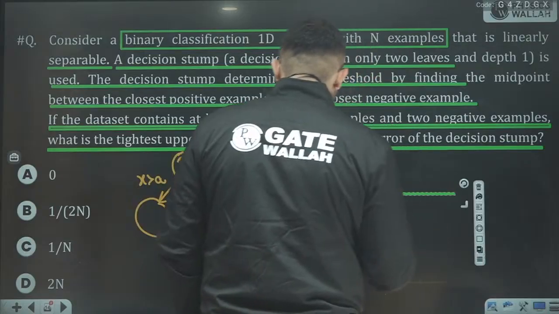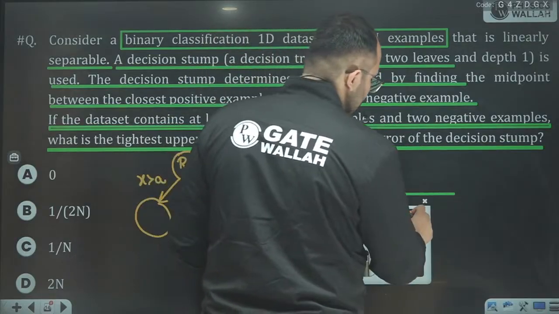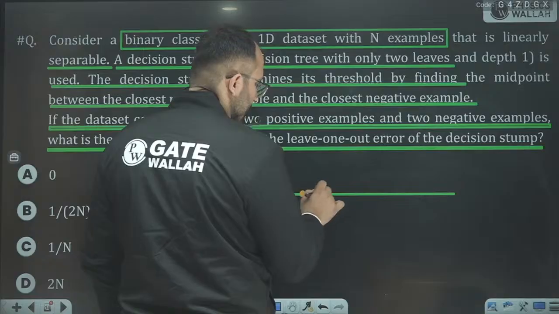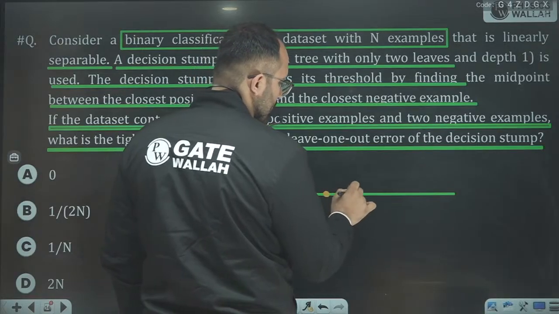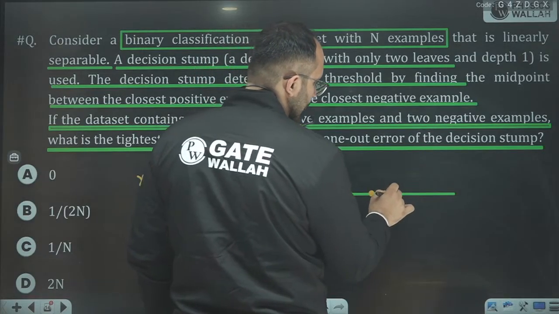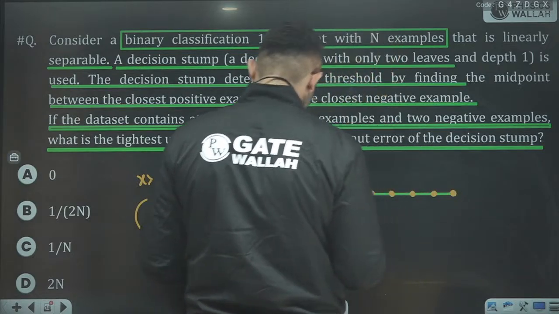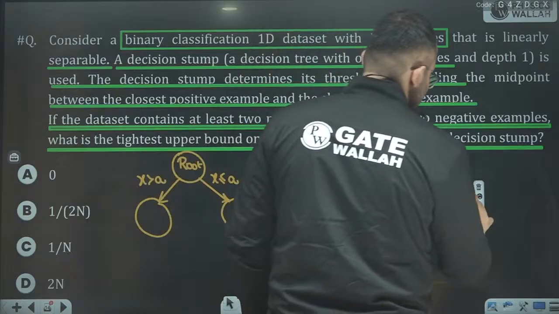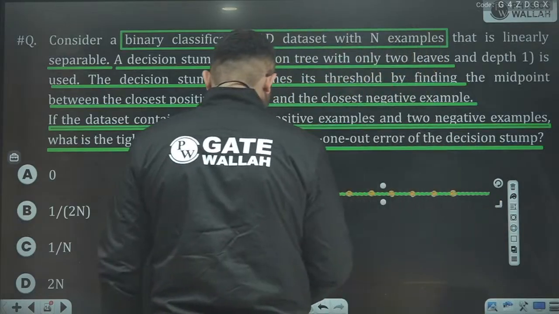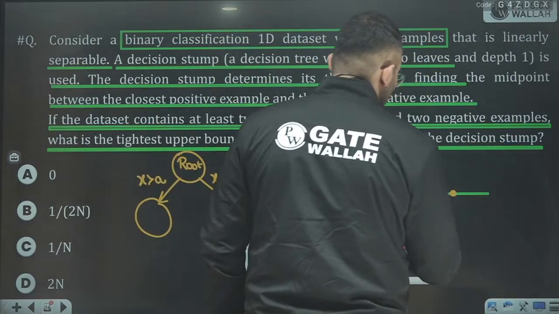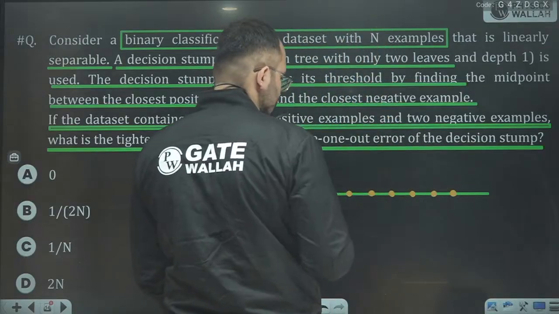We have n points, n point data is there. Minimum we have 2 positive and 2 negative examples.